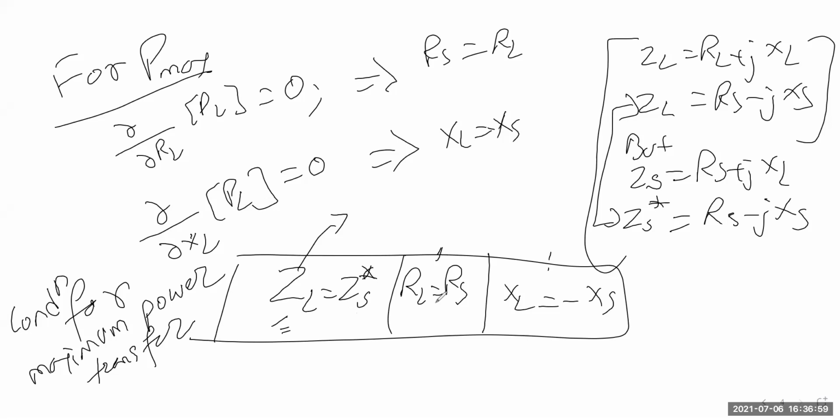Now, the maximum power transferred to the load is only 50% of the total power generated by the source. This is the second point to be remembered in maximum power transfer: only 50% of the power generated by the source is transferred to the load.